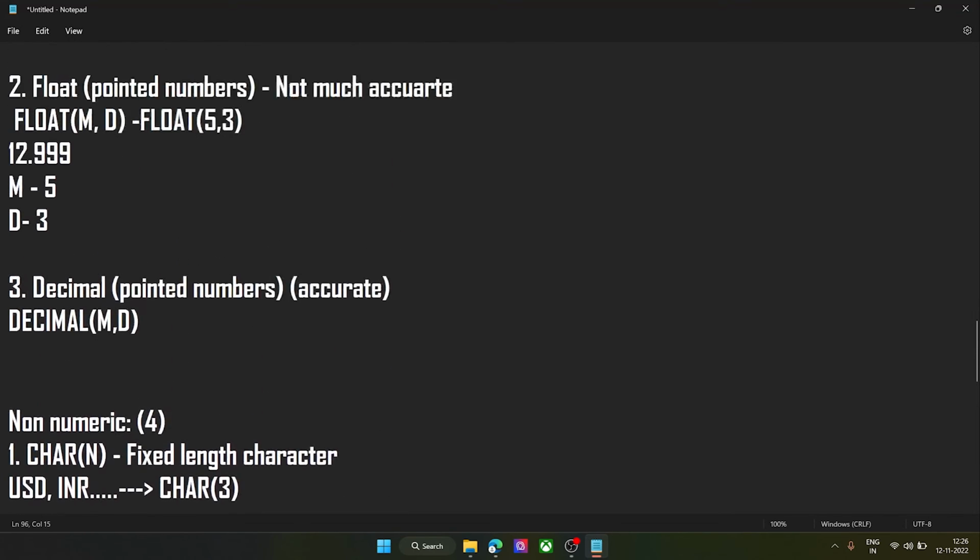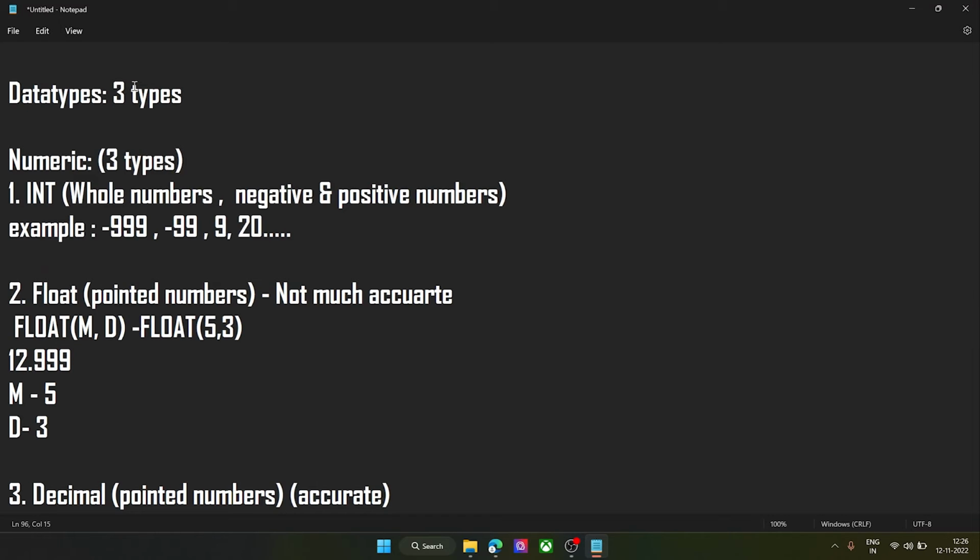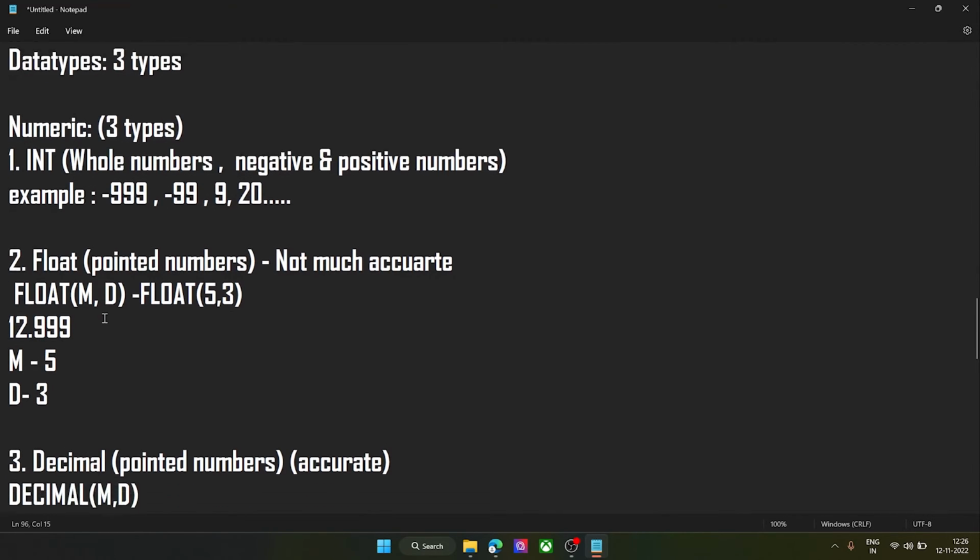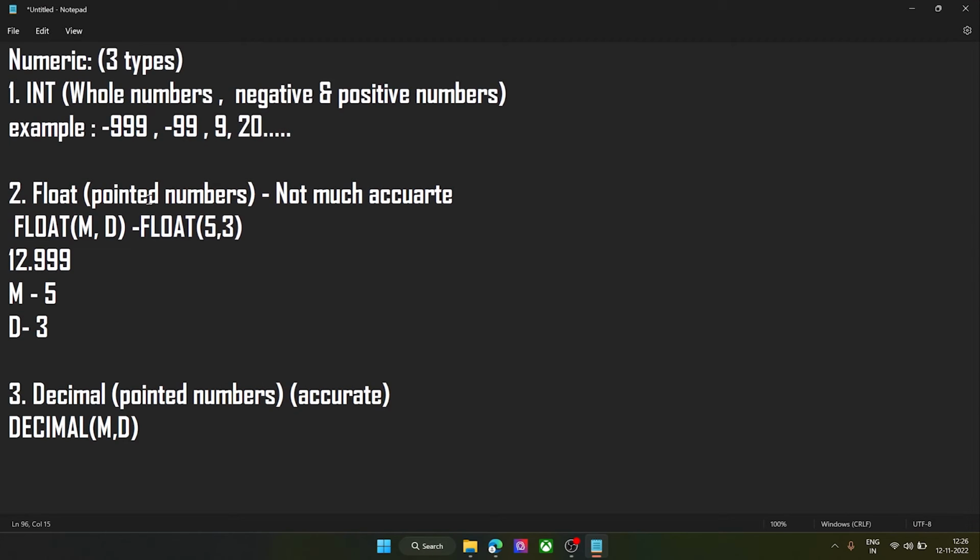So I'll revise it once again. Data types are categorized into three. One is numeric, in which you have integer. It's a whole number. It includes negative and positive numbers, but not pointed numbers. And float also includes negative and positive numbers. Float is written as m comma d.